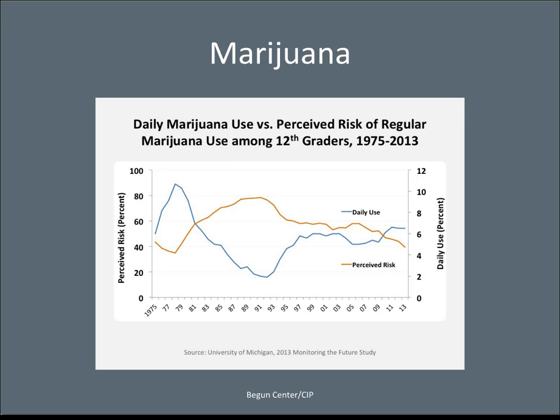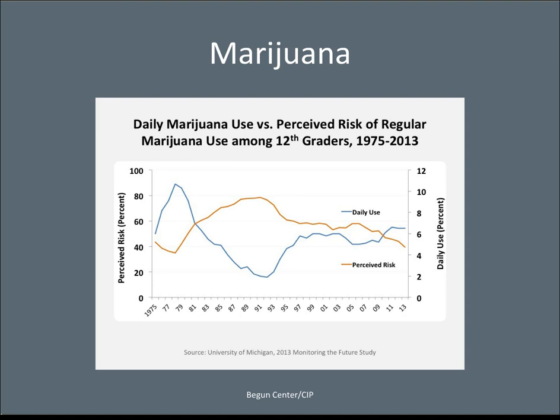That is the perception of risk associated with marijuana. So you can see for most of this study, the perception of risk associated with marijuana was higher than the use of marijuana, and they really mirror each other, with the blue line then being the actual prevalence of use.